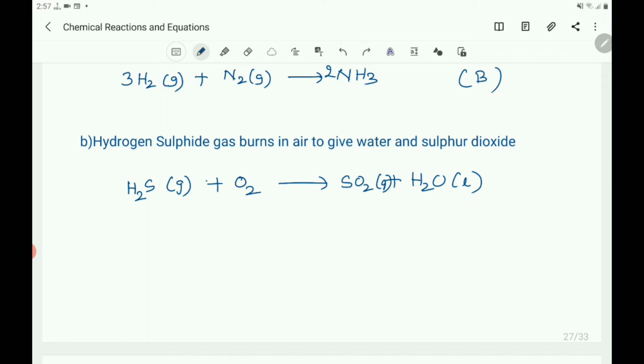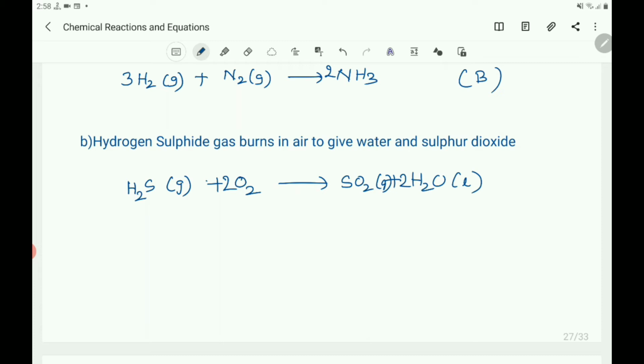Now this equation is to be balanced. Count the number of oxygen atoms.